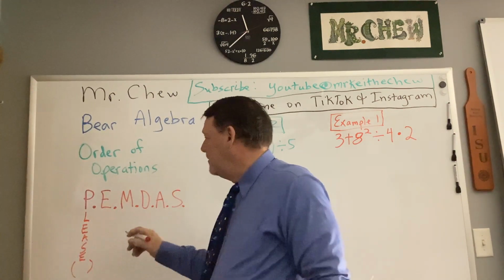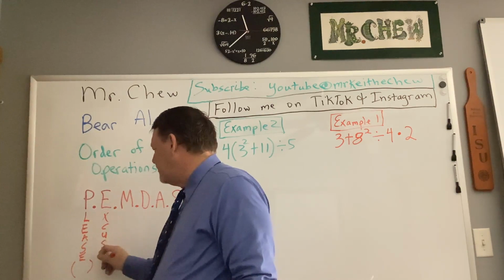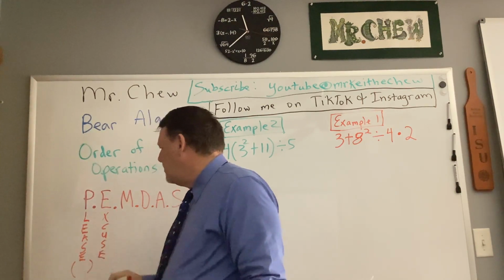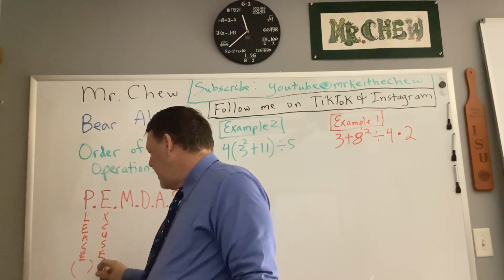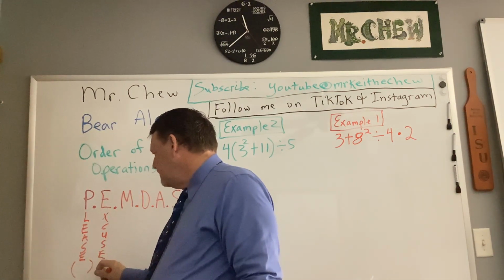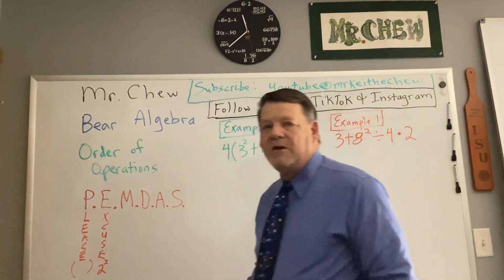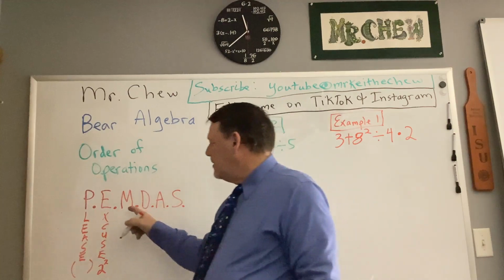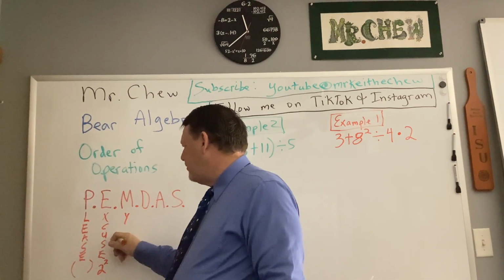The E, they teach students in some schools to remember that as excuse, and it's really exponents. So I'm just going to put 2 to the second power to show you that it means an exponent. And then M is my. This means multiply.